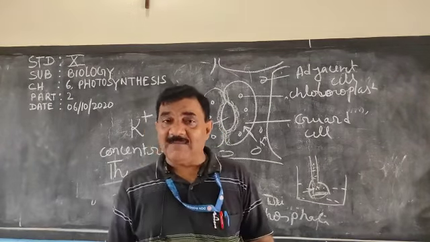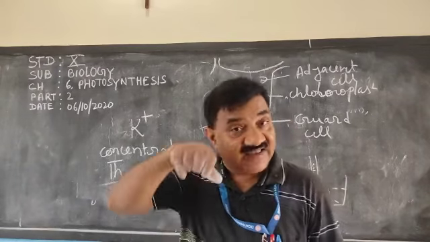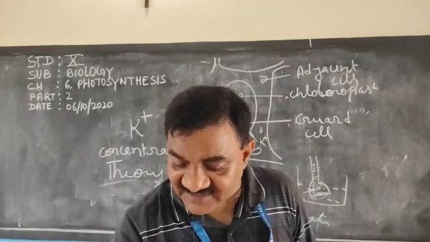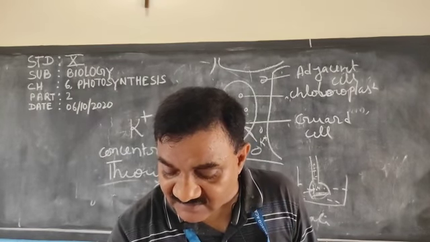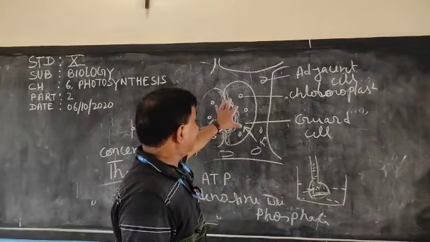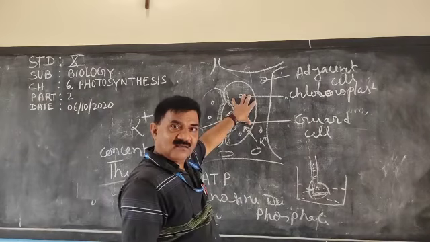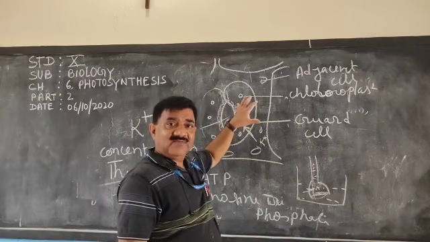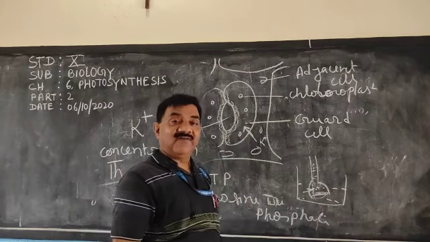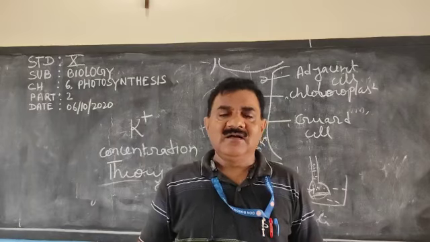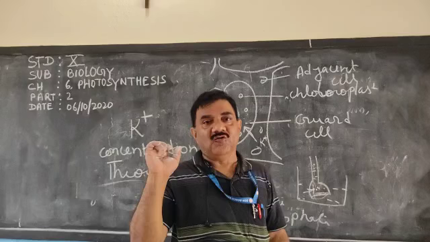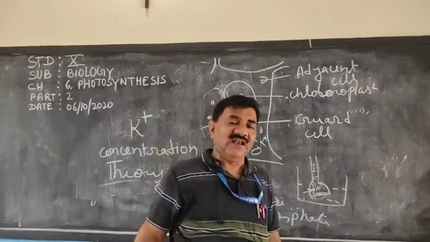As a result, the guard cell will contain more potassium ion, and this ATP is used to actively pump the potassium ion of the adjacent cell into the guard cell, and the gradient will become high. And when the gradient becomes high, it will absorb water, and when water is absorbed, the guard cell will become turgid, and the stoma will open.